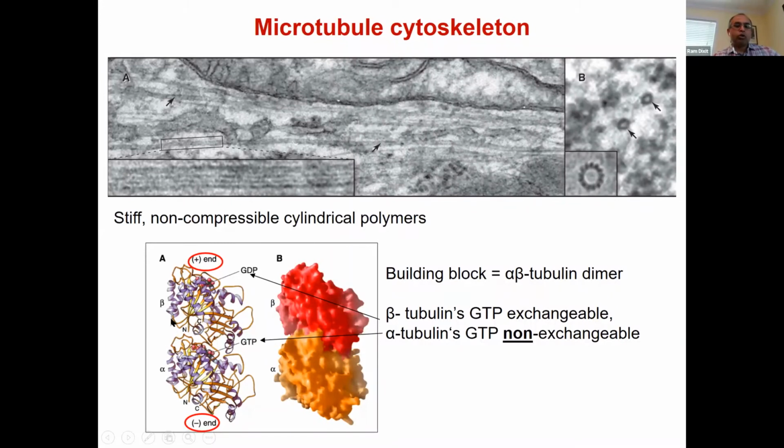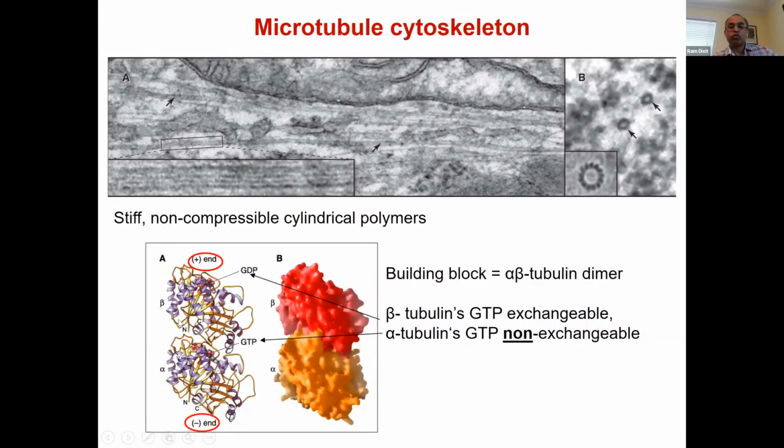You can see the GTP binding site right there on alpha tubulin, and beta tubulin binds GTP in a similar position. The structures of alpha and beta are quite similar, and also very conserved.